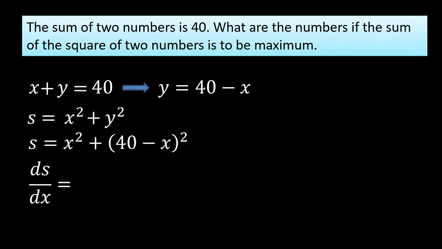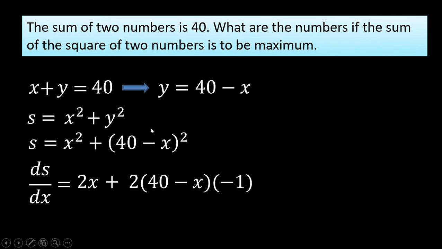The derivative of x squared is 2x, plus, here we can apply the chain rule: bring down the 2, then 40 minus x raised to 2 minus 1, which is 1, times the derivative of the inside, negative 1.